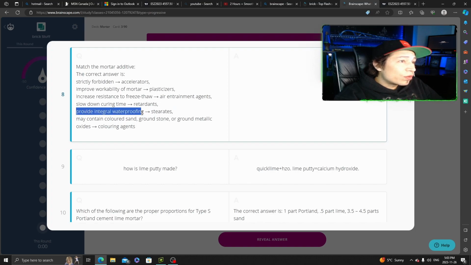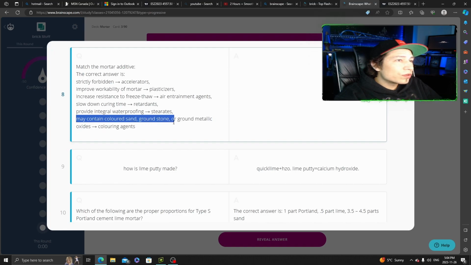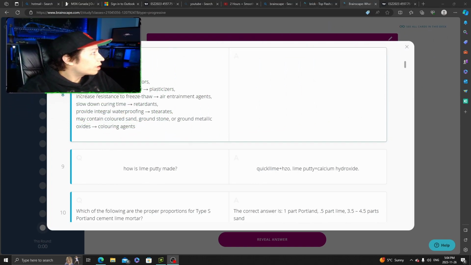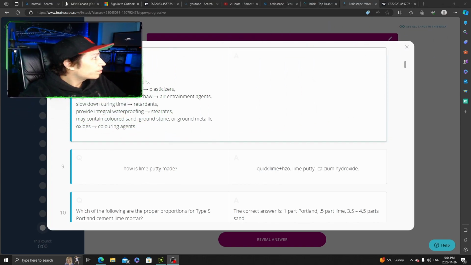Provide integral waterproofing: stearates. May contain colored sand, ground stone, or ground metallic oxides: coloring agents. Okay, now I got through that. We can move my big head back over to the other corner, where I feel more comfortable.